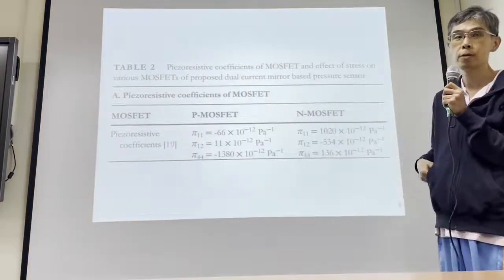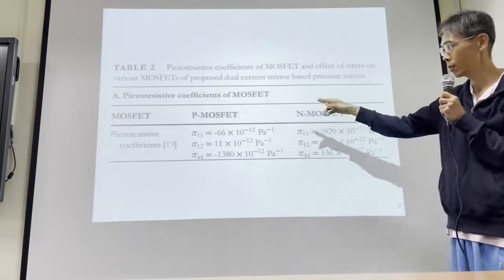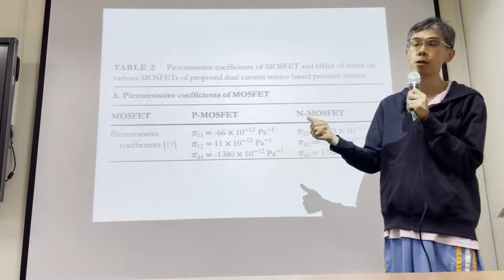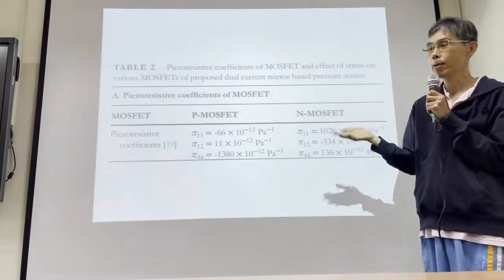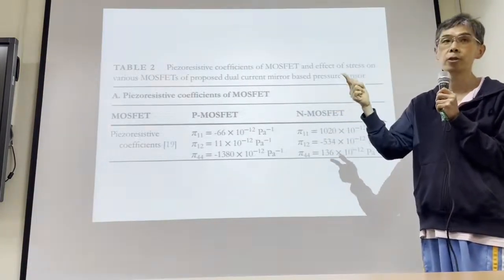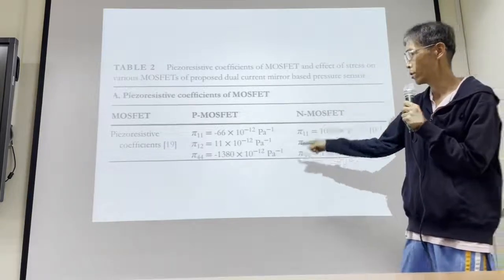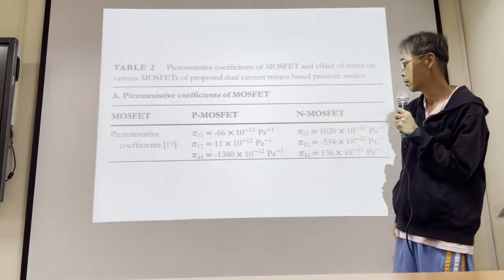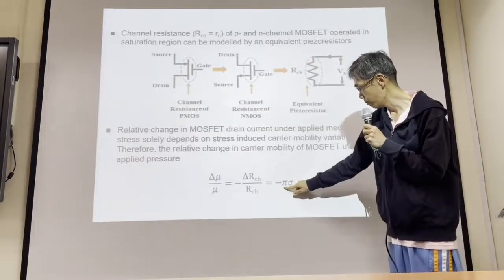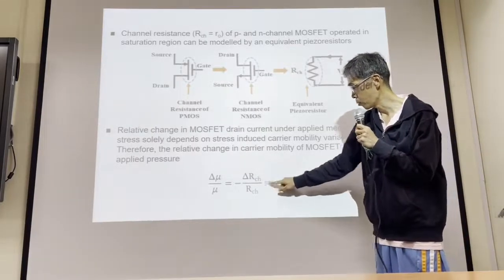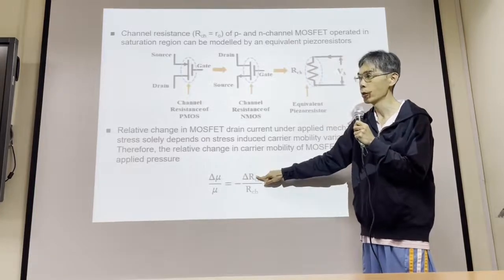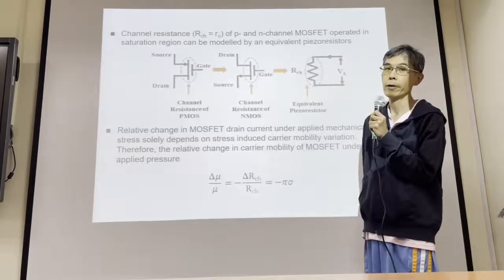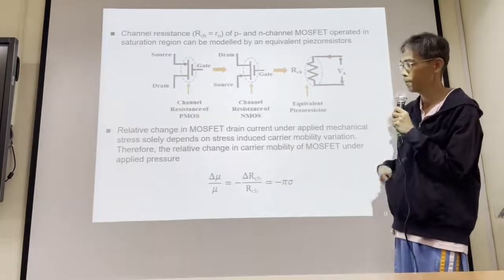You will use simulation software, so you need these values, because for mechanical engineers, they apply pressure, they calculate the stress. The stress times these coefficients, previous. See, stress multiplied by the pi values, we can get resistance change. So we need pi values of PMOS and NMOS. Next.